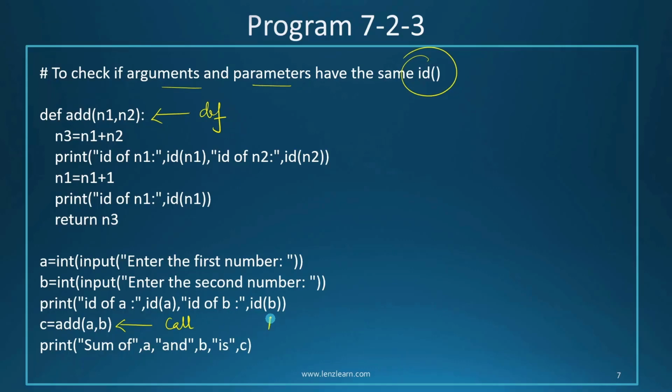So we have two arguments here, right? We have argument A and argument B. Now the value of argument A is supposed to be used by parameter n1, and the value of B is supposed to be used by parameter n2.